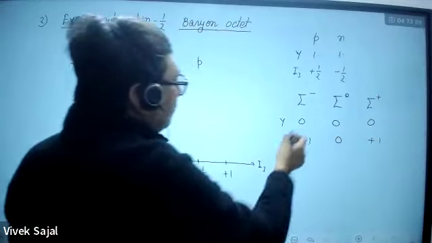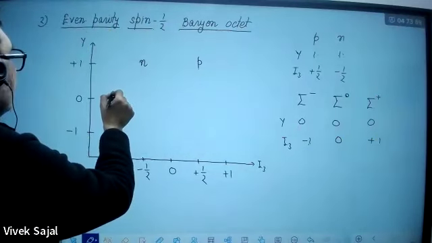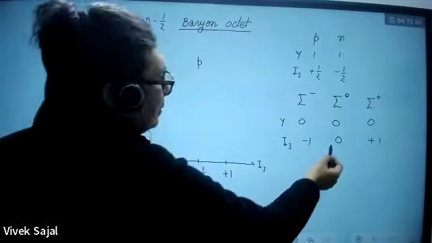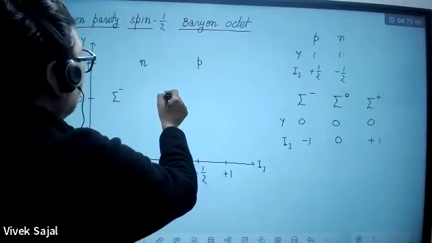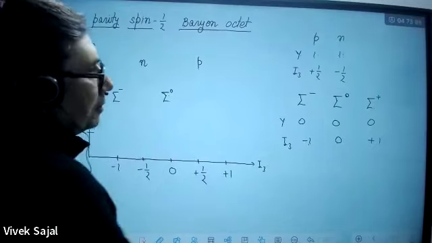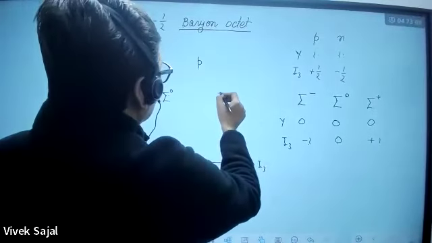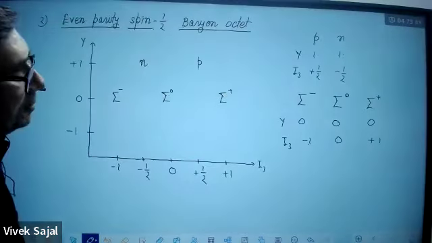So minus 1 and 0 here, this will be sigma minus. Then 0 and 0 here, it will be sigma naught. Plus 1 and 0 here, this will be sigma plus. So these three I have placed here.